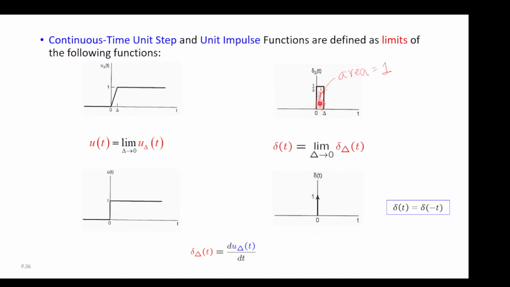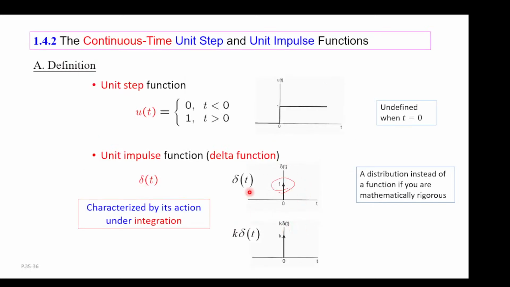So you really see this is an impulse: something really high and really sharp, with zero duration and infinite height. But the important thing to remember is that as triangle goes to 0, the area always stays 1.